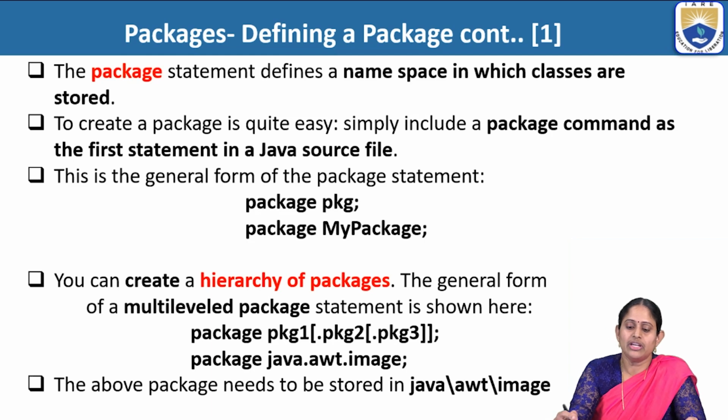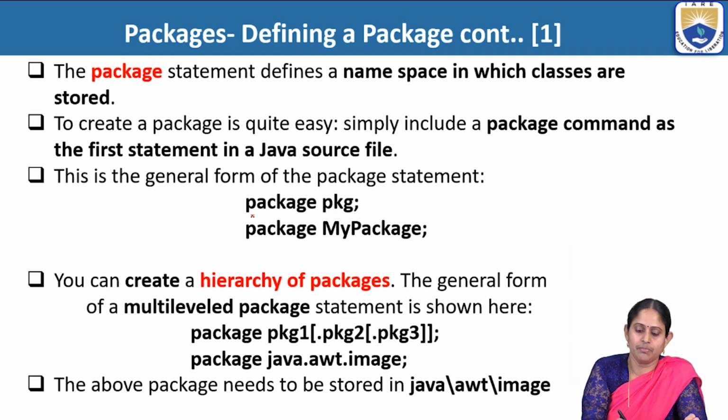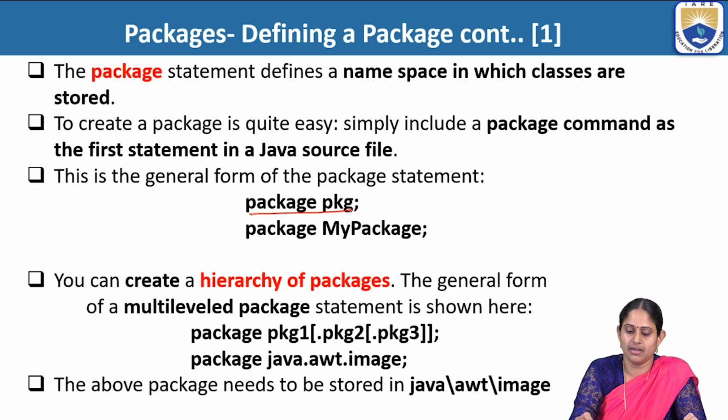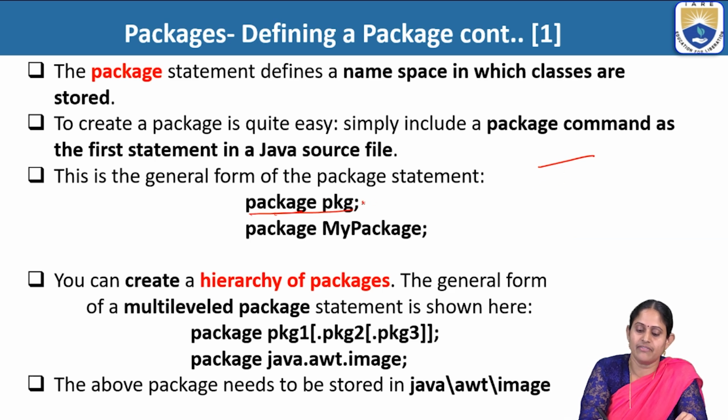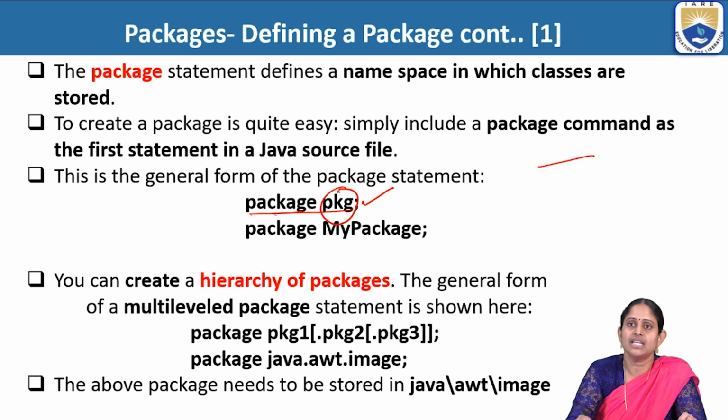Now, if you want to define a package, we make use of the keyword package. The first statement of any Java program will be specifying the package in which it exists. So let's say we are having a statement like this as the first statement. Here pkg is the name of a package in our source file.